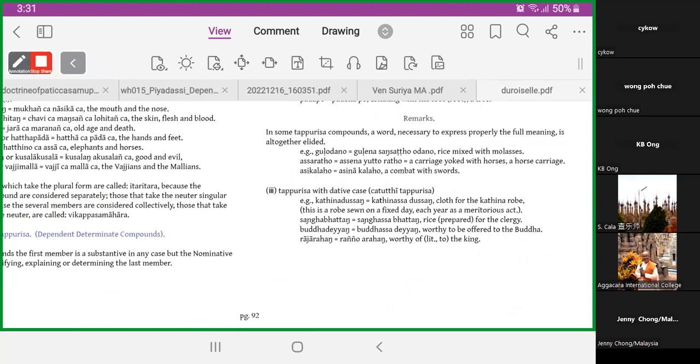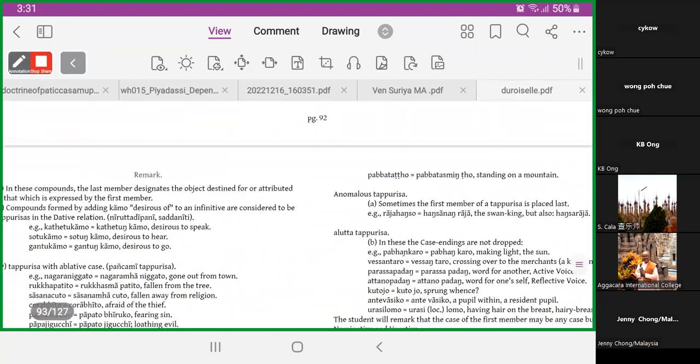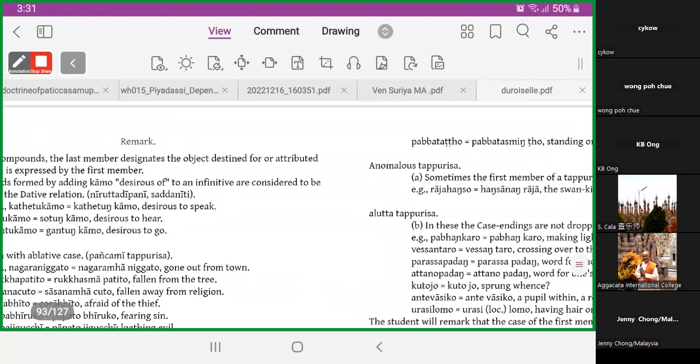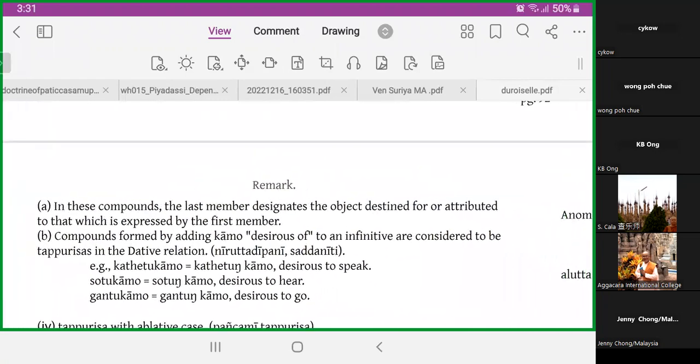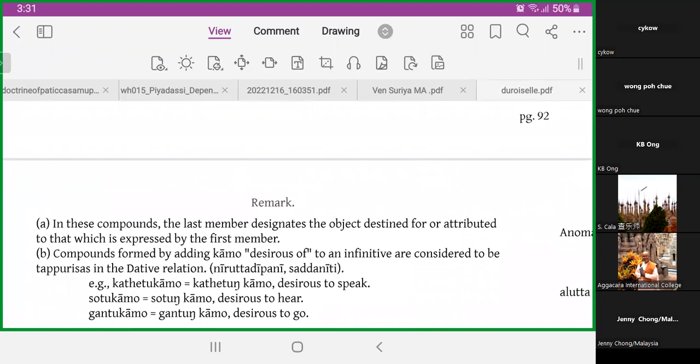Right, now we go for the next one. There is something here also not finished yet on the Catutthi Tappurisa. Okay, so we read this one. Join me reading remarks number A. In these compounds, the last member designates the object destined for or attributed to that which is expressed by the first member.